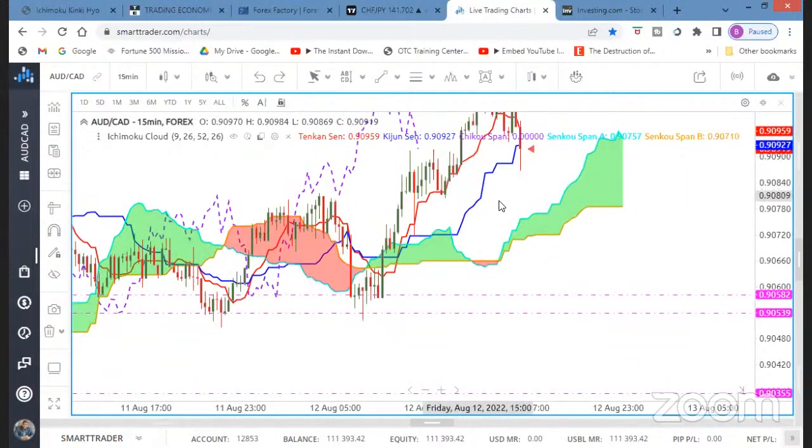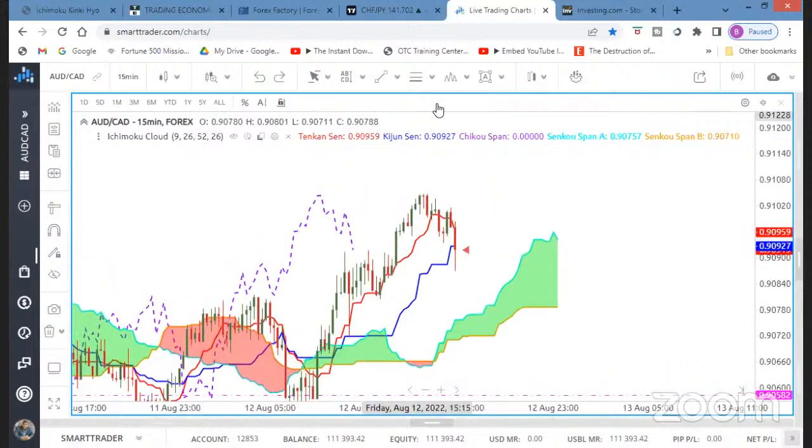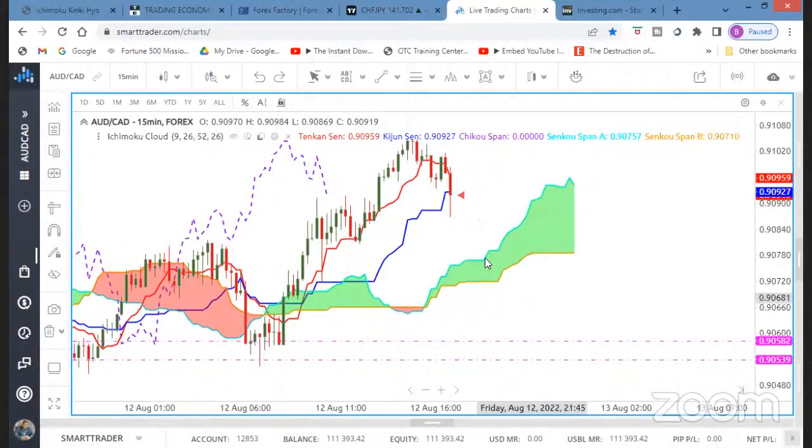So you may see this come down and break through the bottom on your 15, and you get that early entry, that higher time frame, lower time frame type scenario. You can see how this is already crossing over and trying to work its way down on your 15-minute chart. So this could easily come down and make its way down.